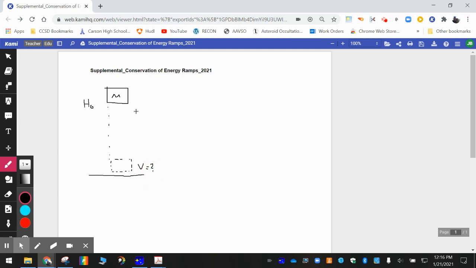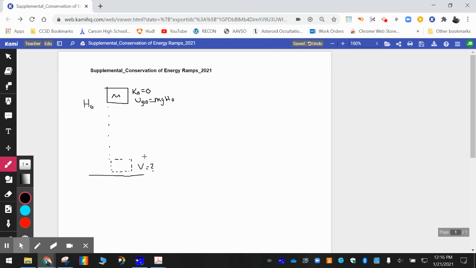Okay, so when we do this problem here, we're going to use conservation of energy. So we do know that it starts from rest. So kinetic energy initial is going to be 0, and the potential energy is gravitational, and it's going to be mgho. All right, so we release it to the ground here.